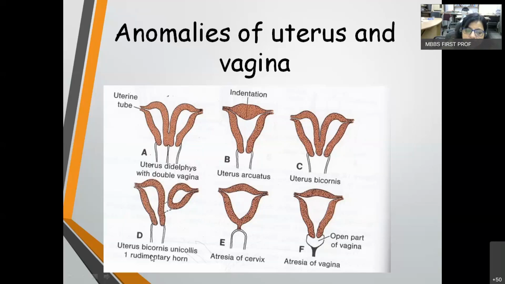Then there is uterus bicornis unicollis: two horns are there, but the cavity is single. Then there could be atresia of cervix, that is, cervix is not open. This is atresia of vagina: lower down, the opening is closed.